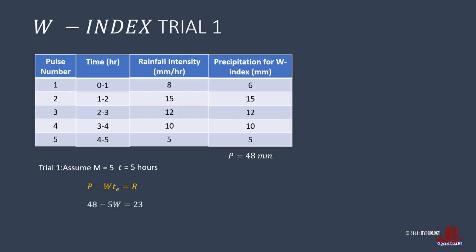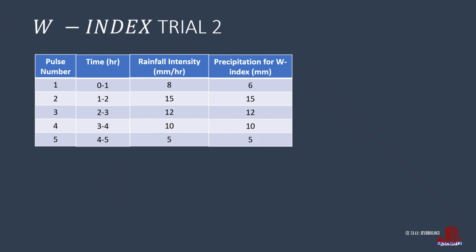So the function then is 48 minus 5W is equal to 23. Arrange terms to have W as equal to the quantity of 48 minus 23, then divide this by 5, which then gives 5 millimeters per hour. Comparing the index with the intensity, pulse 5 then will not yield any runoff because the intensity is equal to the index.